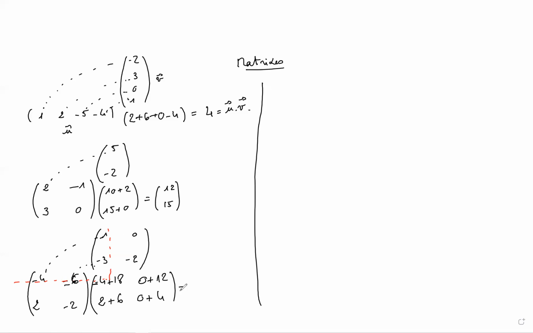So what I'm getting is 14, 12, 8, and 4. So if this is matrix A, this is matrix B, this is matrix A times B. Be careful, because in general, the product of two matrices is not commutative, which means A times B will not get you the same results as B times A.